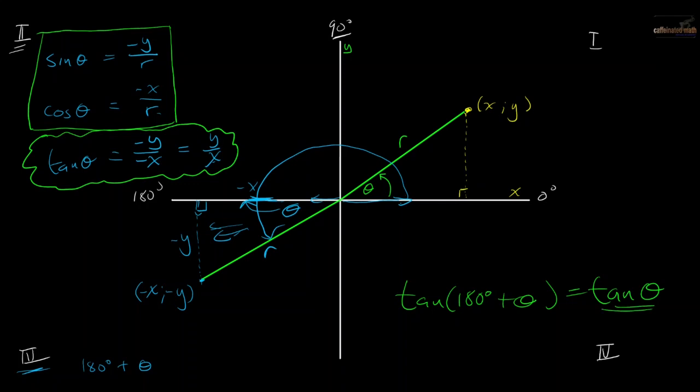So as an extra way of driving this home, as opposed to what we did in our second quadrant in the previous video, we only reference sine. So let's just see what happens to cosine of 180 degrees plus theta.